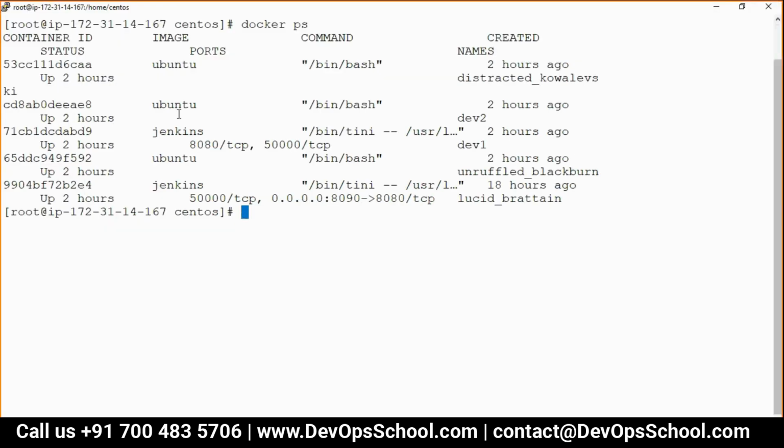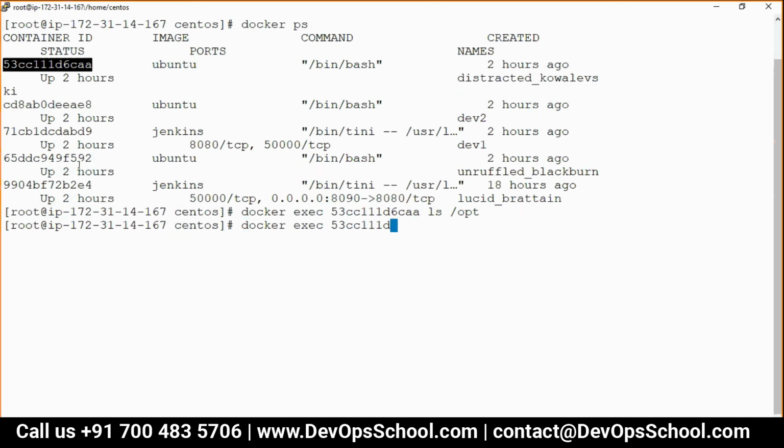If you remember this container, I had a file devopsschool.txt, I guess. Let me check. Docker exec ls opt. No, let me check another container.